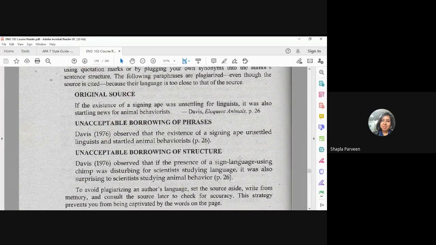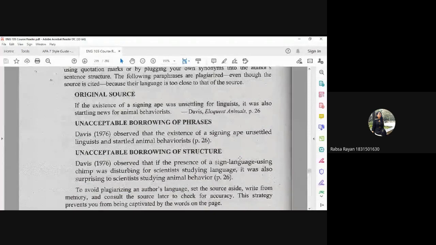Anyone? Why is this unacceptable boring of phrases? I mean, you can see that some... It's still in the direct voice. Like it's written in a direct voice. Written direct, okay. What do you mean by direct voice? Similar to the original?